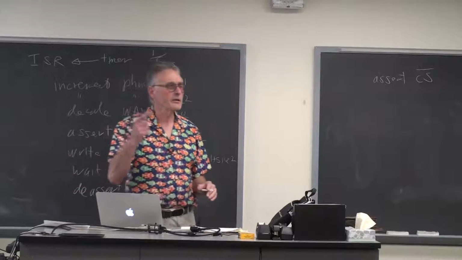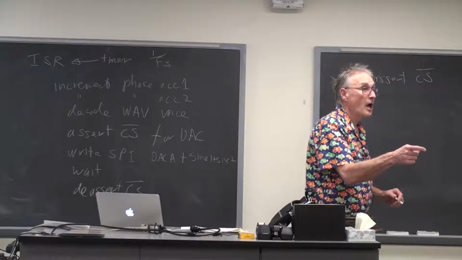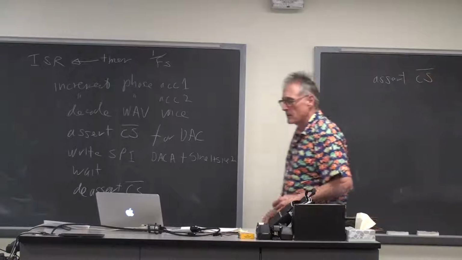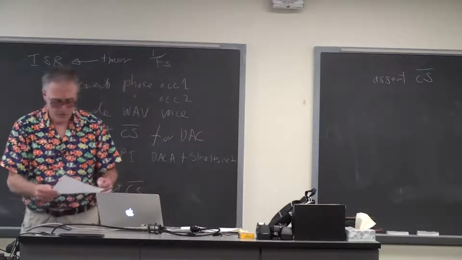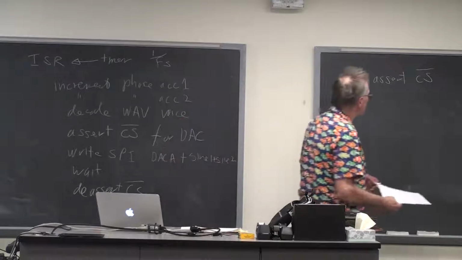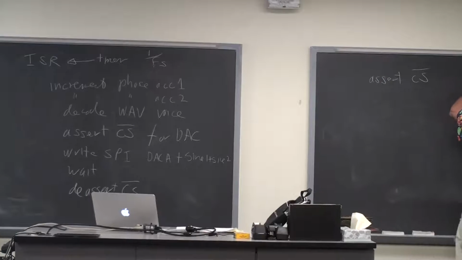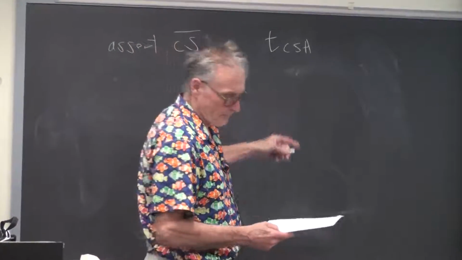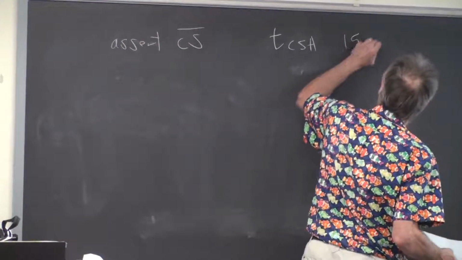And what should immediately come to your mind is, how long does chip select have to be high for it to be valid for the chip? And the only way to find that out is to dig down into the data sheet of the DAC. And you flip through that for a while, and you kick a hole in the wall, and you dig some more, and you find that there's a value called TCSH, which is the chip select hold time, which is 15 nanoseconds.